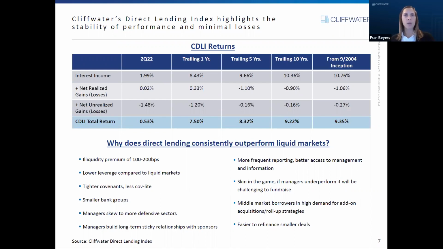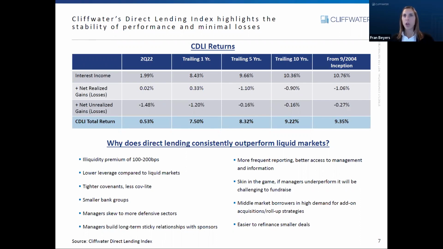Next, we break out unrealized gains losses and realized gains losses. Unrealized gains losses is your mark-to-market change that occurs each quarter in the financial statements of every single loan. Direct lenders get their loans valued each quarter by an objective third-party valuation firm, such as Lincoln Financial or Houlihan Lokey. Those changes are called unrealized gains losses.